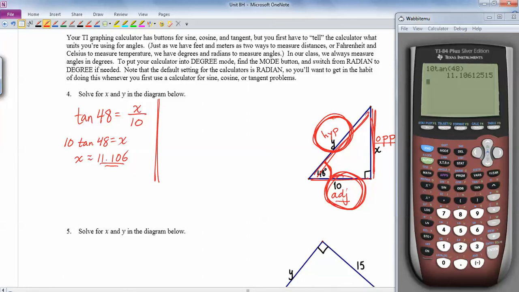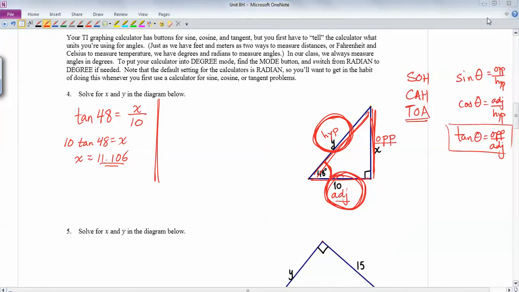So that's the adjacent side and the hypotenuse. And that one is covered by cosine. So if I do cos of 48, that'll be the adjacent side 10 over the hypotenuse y. Now, I want to get y by itself, but it's stuck in the denominator here.